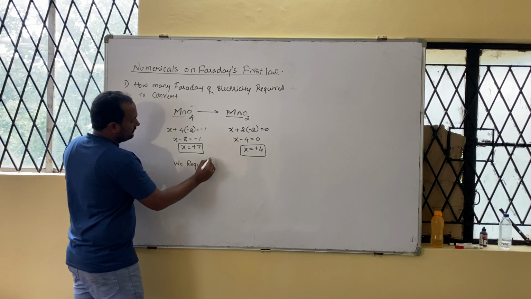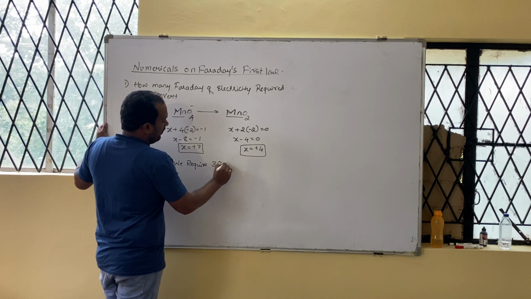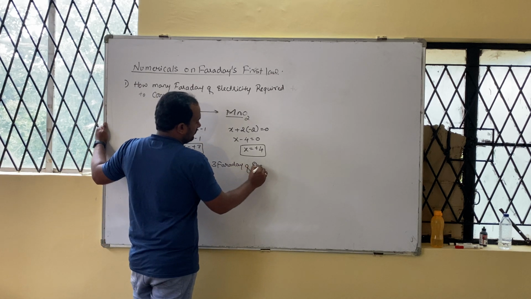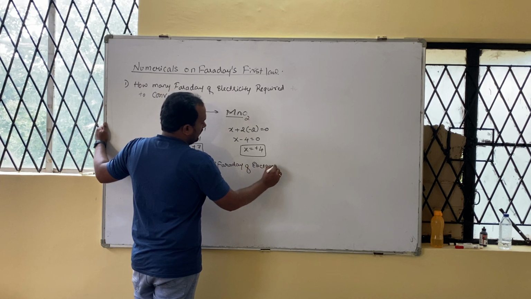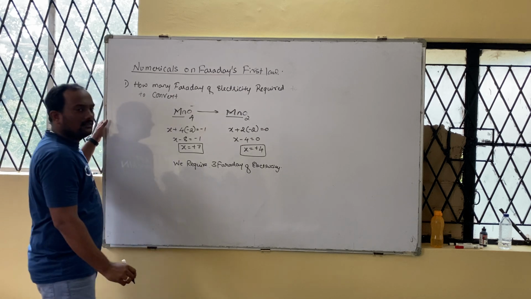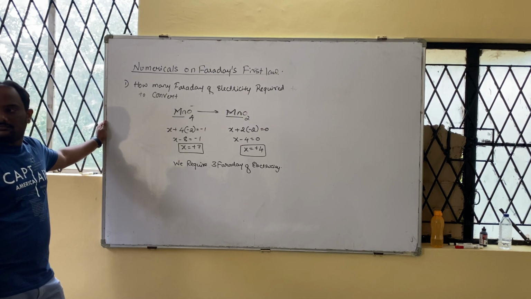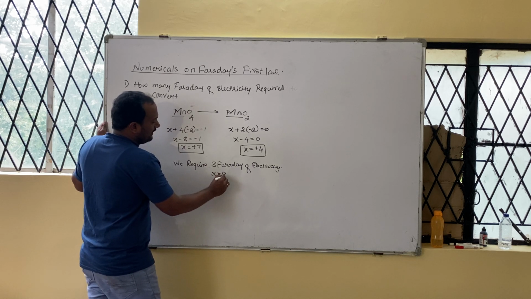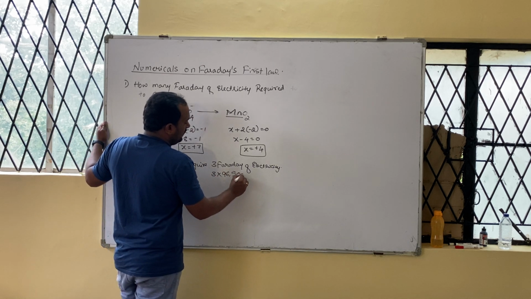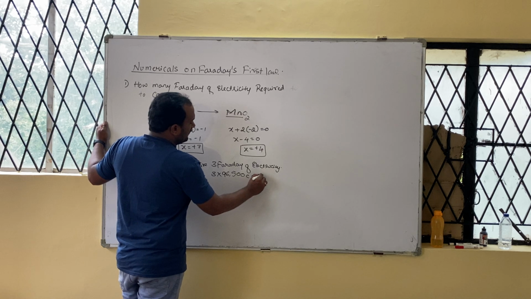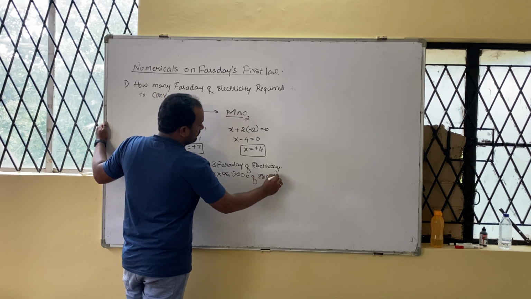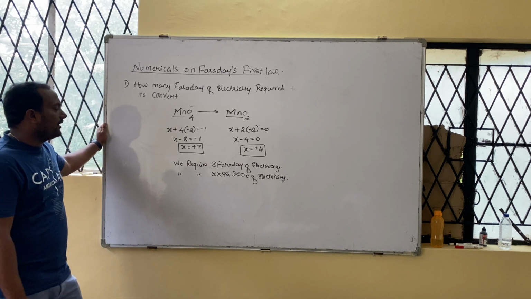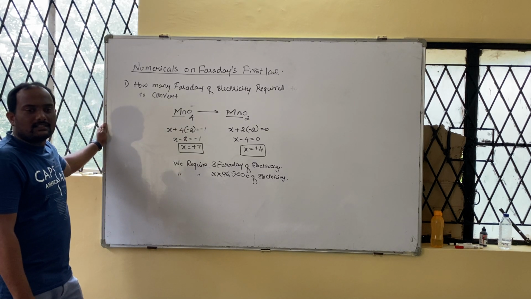All of you are getting 3 Faraday of electricity. We require 3 Faraday of electricity. In coulombs, we say 3 into 96,500 coulombs of electricity is required.